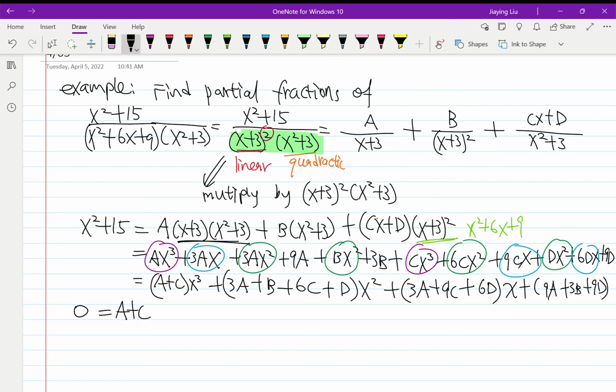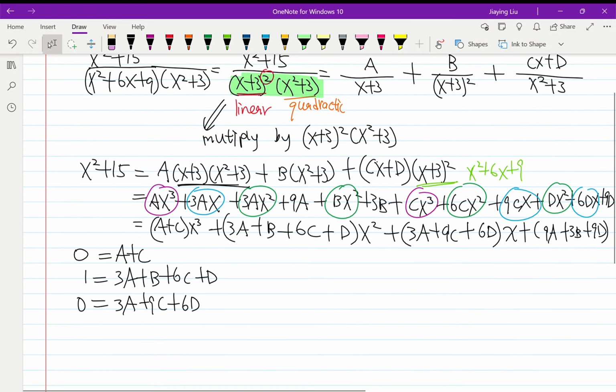Same thing with the x squared. We have 1x squared on the left, so 1 must equal 3a plus b plus 6c plus d. And then the x term, we don't have it on the left, so it's a 0 to begin with. So 0 must equal 3a plus 9c plus 6d, and then constants.